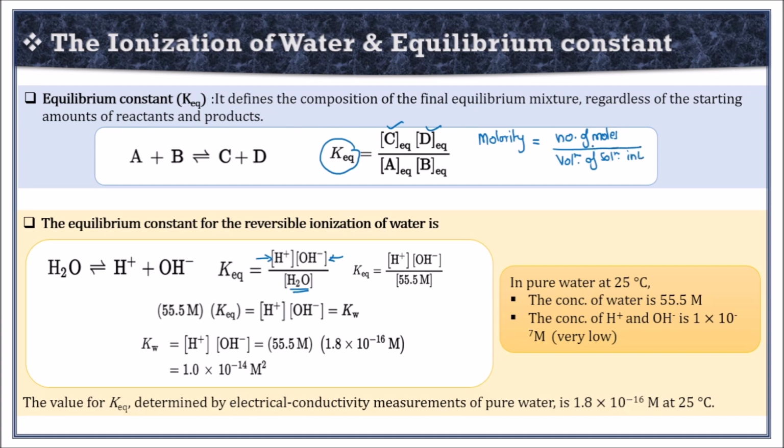Now, we may not know the number of moles in 1 liter of water, so we have to break it into a simpler form, that is mass divided by molar mass. Okay. So how do we find the number of moles? By dividing mass by its molar mass. Volume of solution in liters.